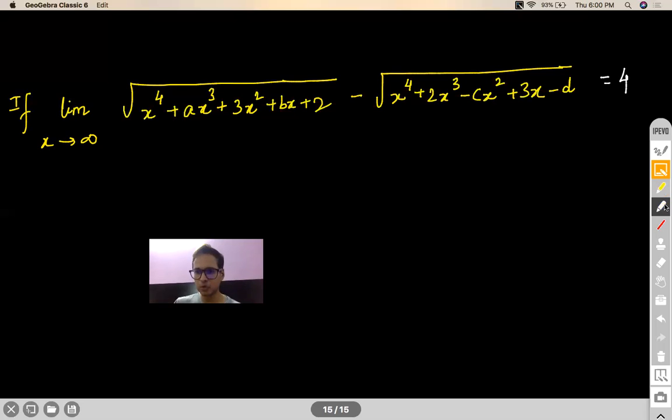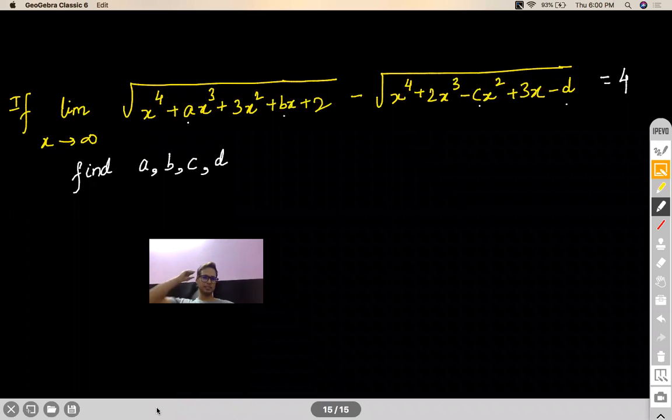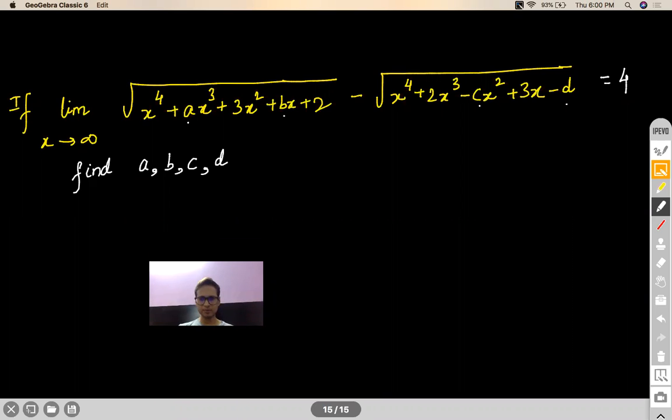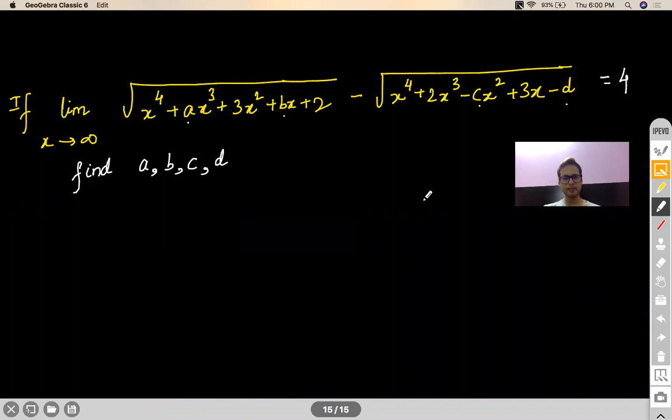Find what are the values that can be taken by a, b, c, d. As you can see, a is here, b is here, c is here, d is here. Take your time.